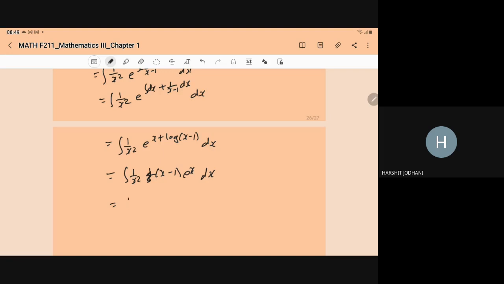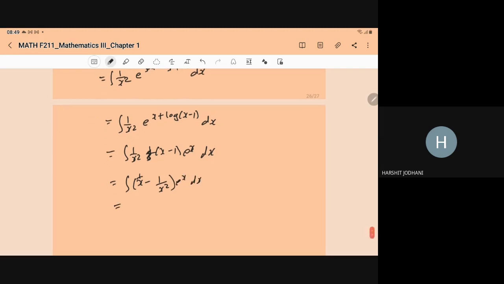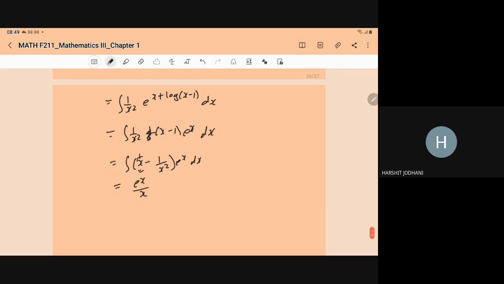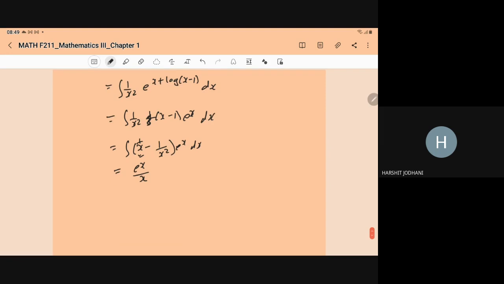Okay, that we can do. So it is x minus 1 upon x square e to power x into dx. So its integration is e to power x by parts. If you do the integration of this, then the second one will cancel out. So it will come e to power x upon x, right? So that is v.